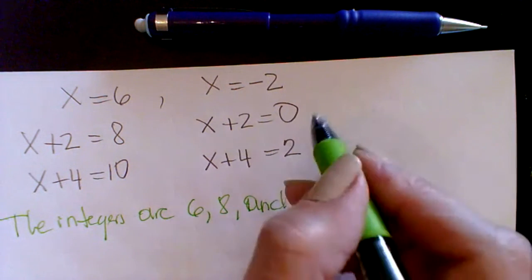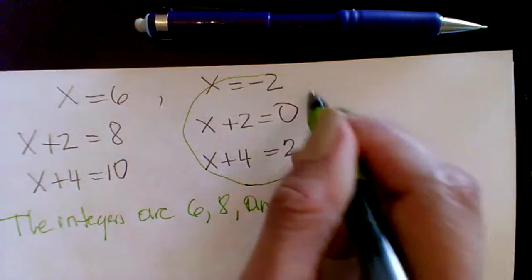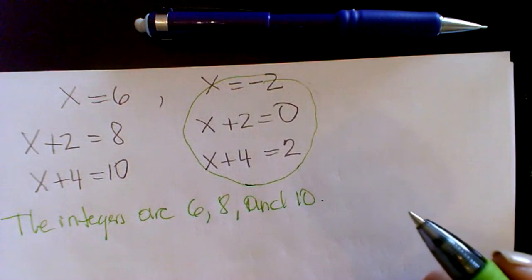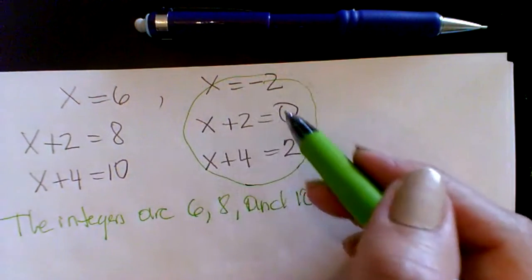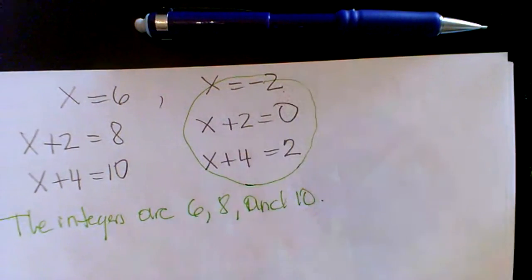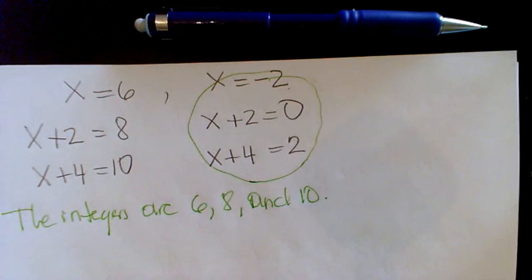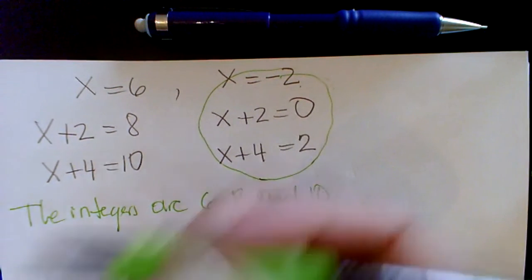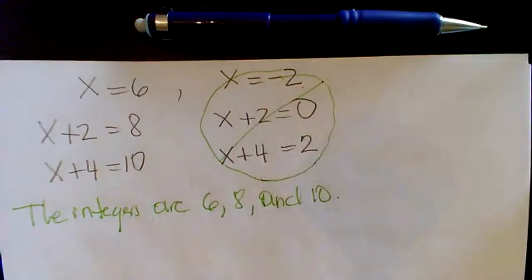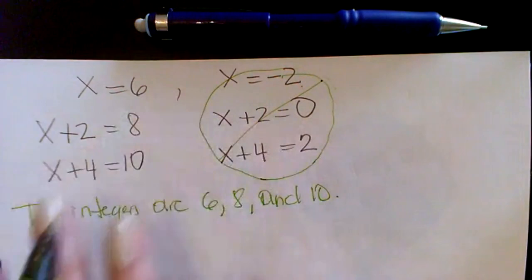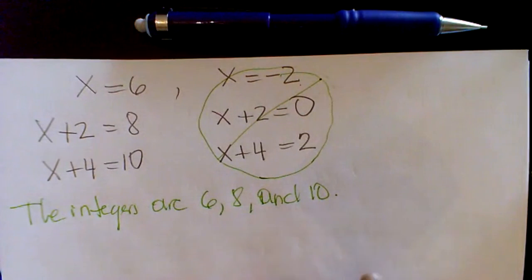Okay, so we are not going to include this. This triangle doesn't exist because the legs cannot be negative. You know, the answer has to make sense in the context of the problem. So negative 2, 0, no, this doesn't make sense. So the integers are 6, 8, and 10.